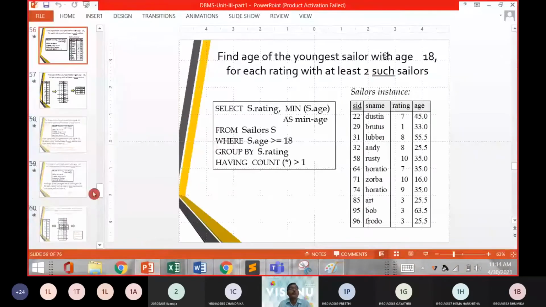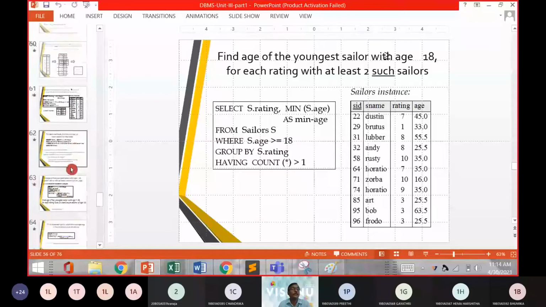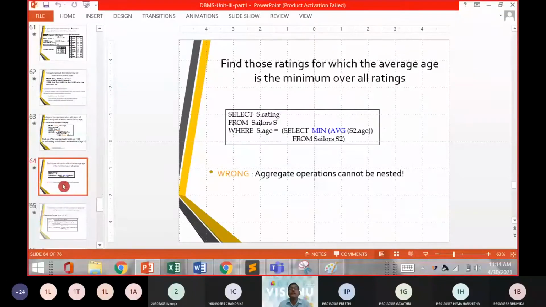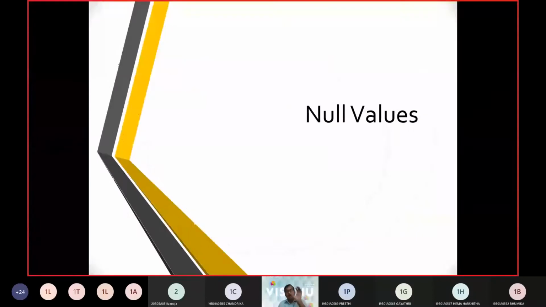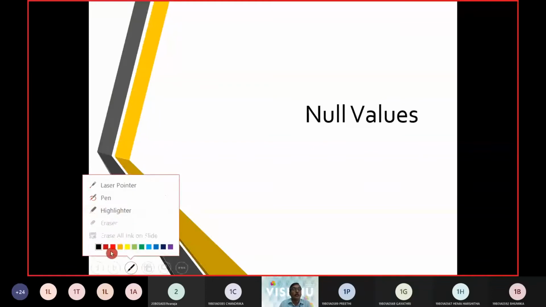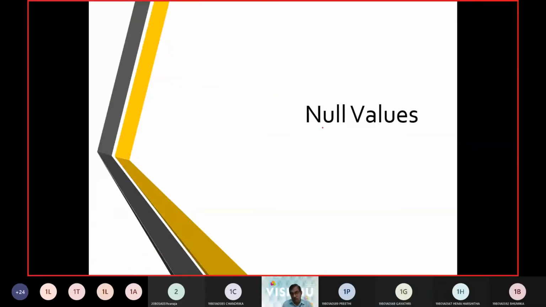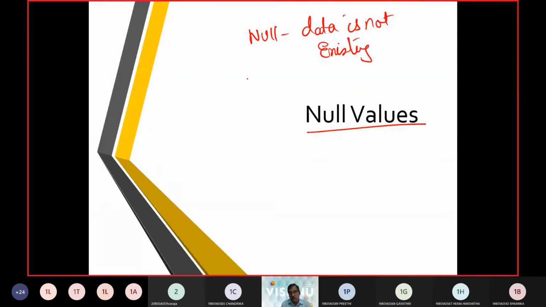So we talked about this group by, etc. Then the other topic, which has significance towards SQL or Python or R, was null values. Null in the sense that data is not existing at all.